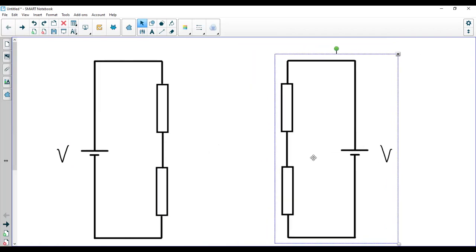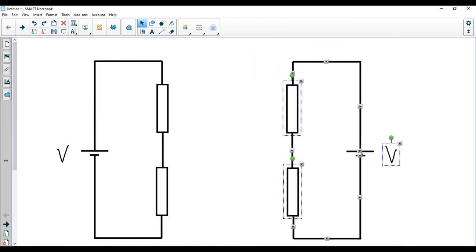So we use this circuit, and what we are going to do, instead of the two resistors, I place a resistive wire.